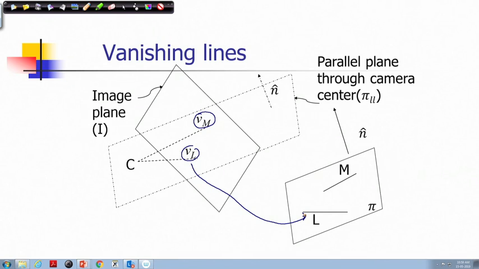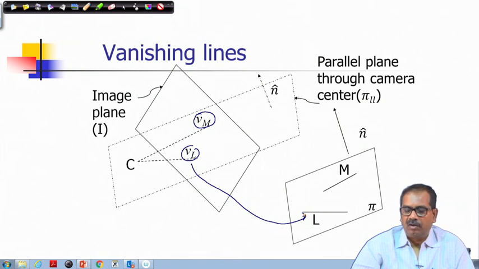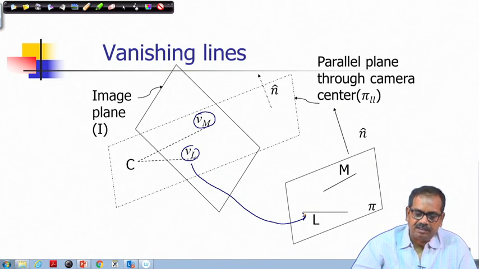So, any line parallel to that has its vanishing point at Vl. If I connect these 2 points, you will get a line on the image plane, and in fact, that is the vanishing line. The interpretation is that all the vanishing points of the lines lying on that plane pi would lie on that line. So, for any plane parallel to it, all the lines in those directions will have the same vanishing line.